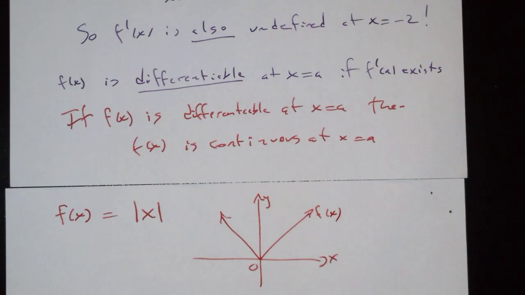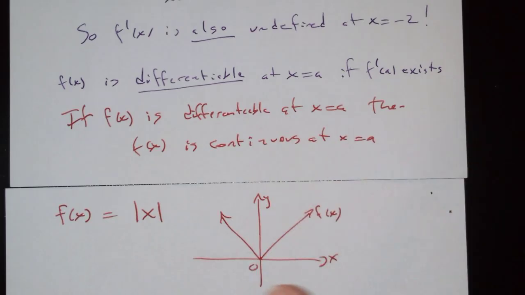I want to look at this one, this is definitely continuous, right? It's a straight line on the right. It's a straight line on the left. And as we go to zero from each side, as x goes to zero, the y values are both going to zero. So this is continuous everywhere.